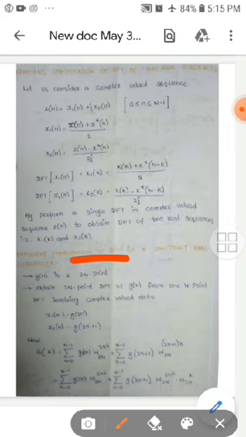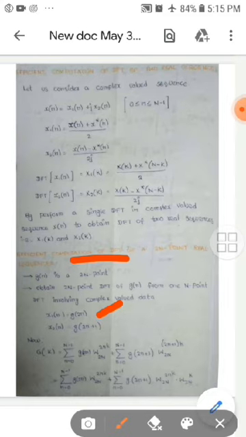So first we can define x1 of n equals g of 2n, and x2 of n equals g of 2n plus 1. Thus we have subdivided the 2N point real sequence into two N point real sequences, and now we can apply the method described in the preceding section.